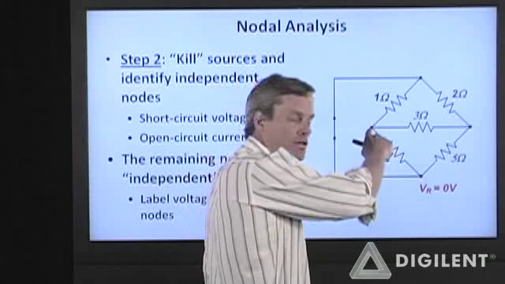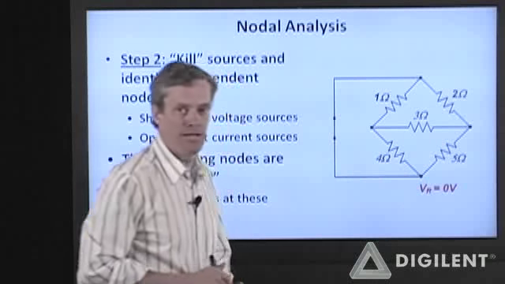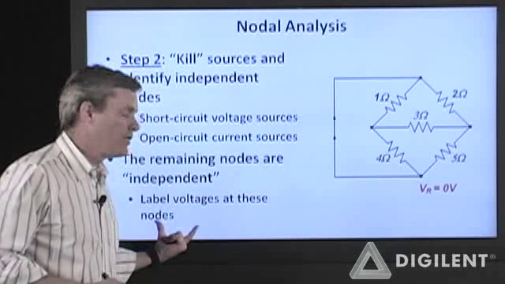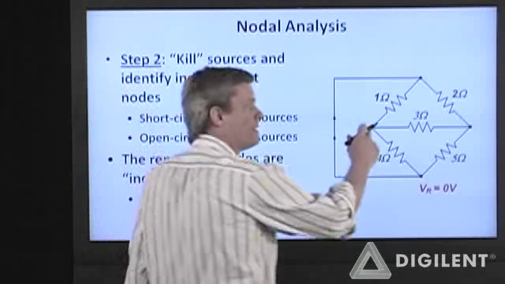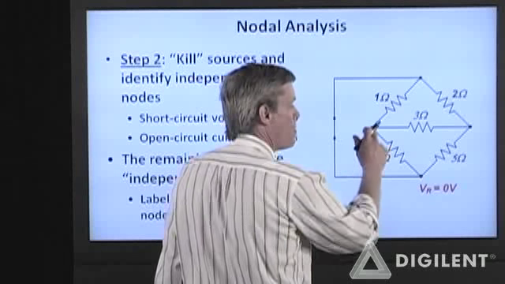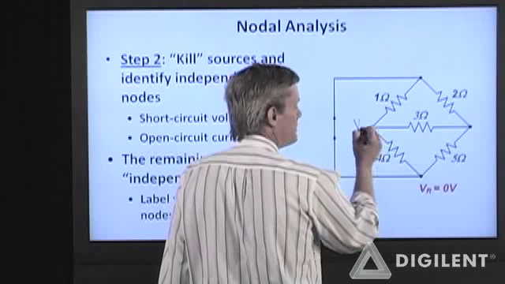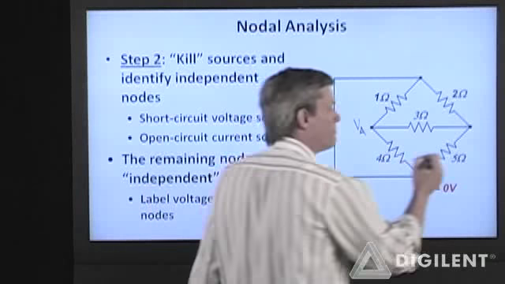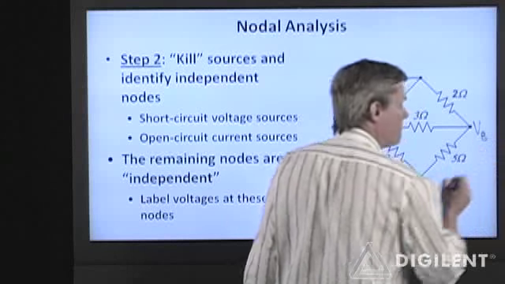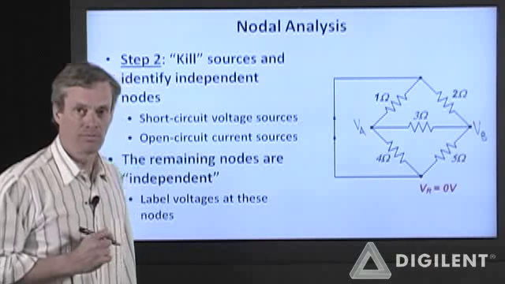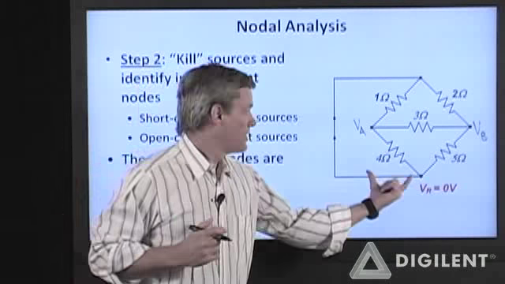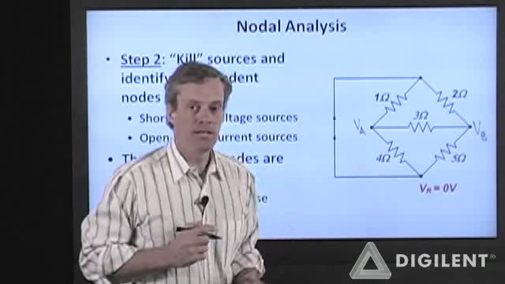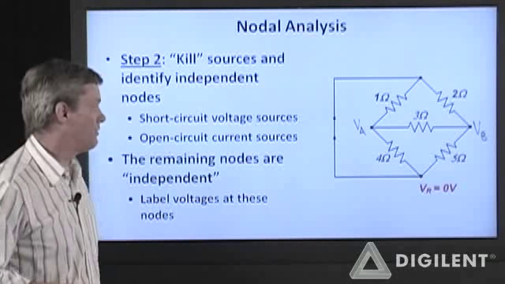This is an independent node, and this is an independent node. We can label the voltages at those nodes. I'm going to call this arbitrarily node A, which makes this voltage V sub A. And I'm going to call this node B, which makes this voltage V sub B. Keep in mind, this is not an independent node now.